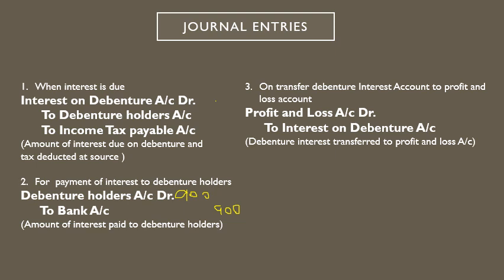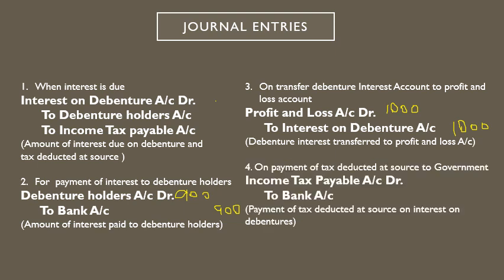So the journal entry will be statement of profit and loss account to interest on debentures. The interest on debentures is 1,000. We have paid only 900 to the debenture holder, but 100 rupees tax is there. So our interest expense is 1,000. That amount is to be debited to the statement of profit or loss.